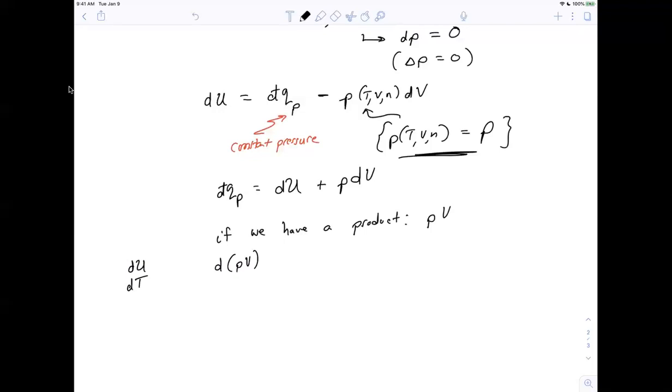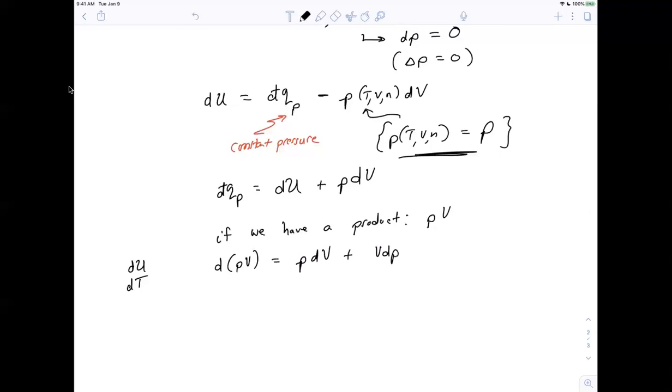Just as if I wrote dt, I would be interested in the total differential of temperature, or du is the total differential of u. So dPV is the total differential of the product PV, and we can use the chain rule from our calculus course, and the chain rule says that this will be a sum, and so we can write this as PdV plus VdP.